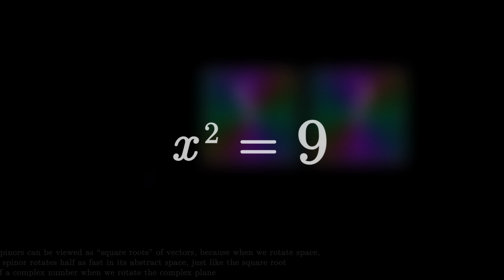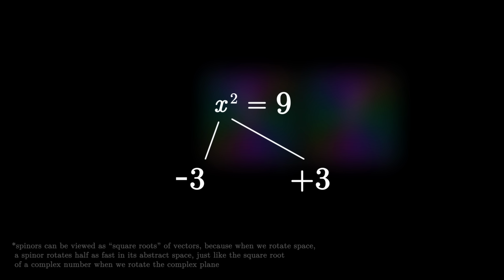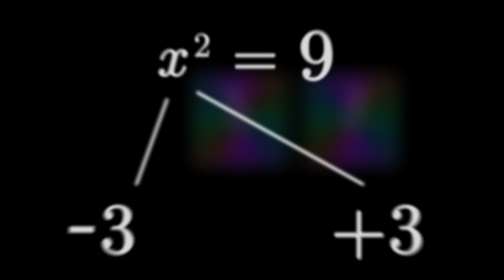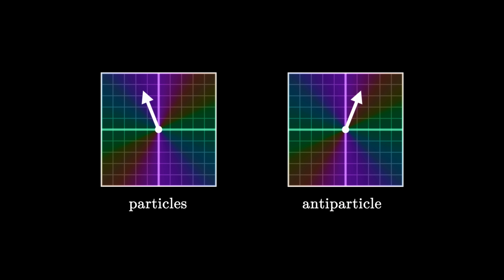Mathematically, a spinor somewhat behaves like a square root. There are 2 of them, one positive and one negative. In the same way, there are 2 different types of spinors reacting in opposite ways in the direction of time. They correspond to particles and antiparticles. In this way, Dirac mathematically predicted the existence of antimatter.